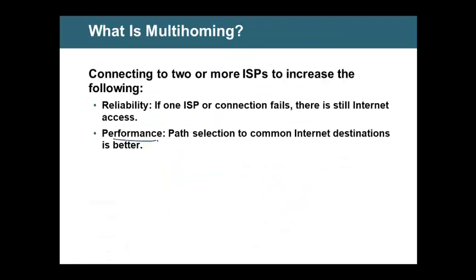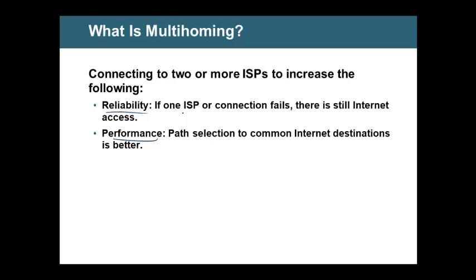What is multi-homing? Connecting to two or more ISPs. Why do you connect to two or more ISPs? To increase the reliability and to increase the performance. Reliability is ensured because you have more than one connection.